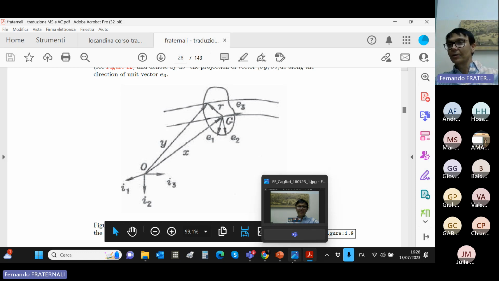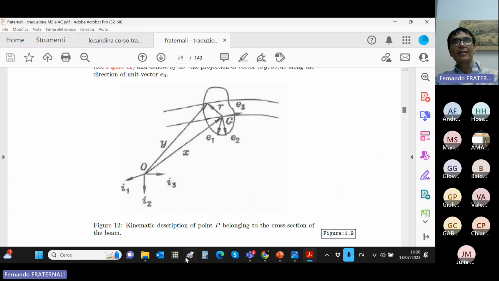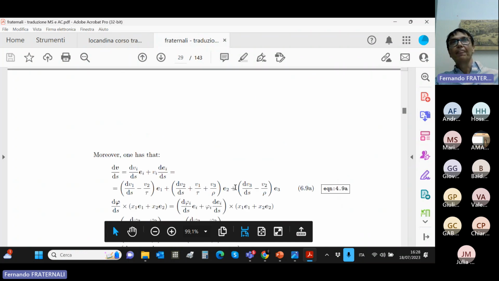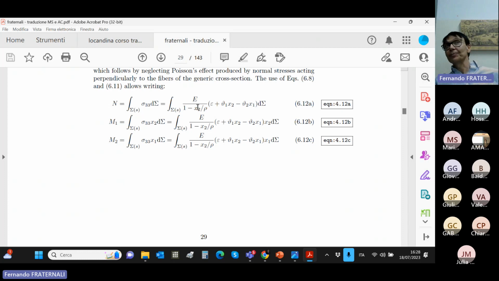And so this quantity would be 0.01. So 1 divided by 1 plus 0.01 is almost 1, and we can neglect this. But in the general case, this is not true.